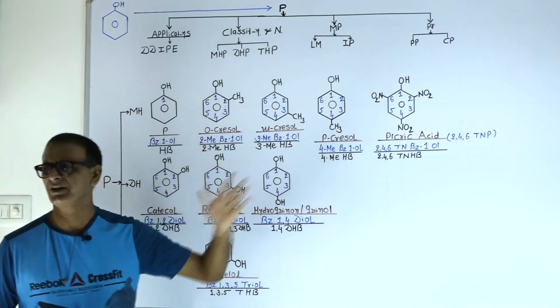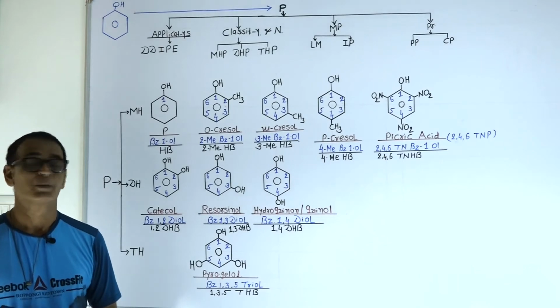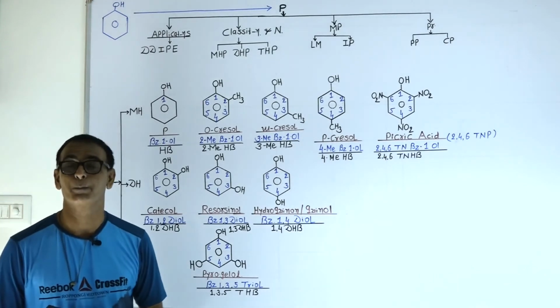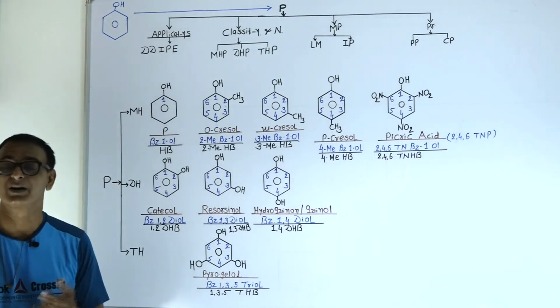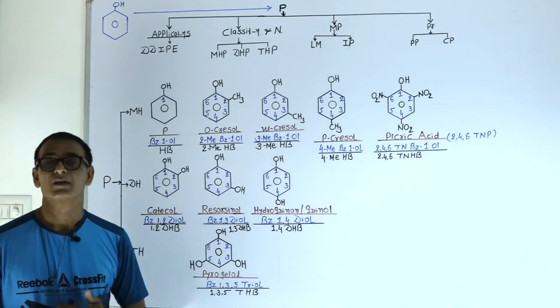Yes, picric acid is a very important reagent to determine the presence of potassium ion.